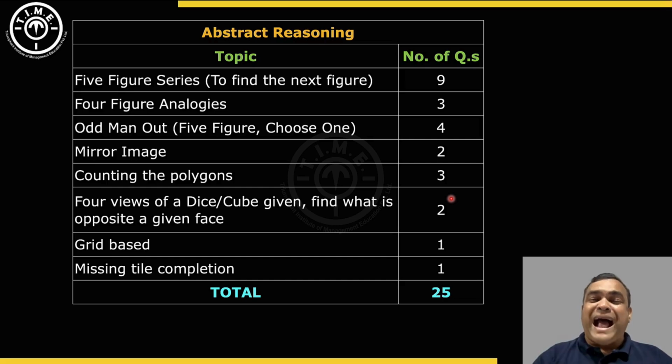But there were no questions of counting the number of triangles; it was all counting the number of squares, number of rectangles, or something like that. So in this case, if you have used the concepts of permutations and combinations, those who know how to count the number of squares and rectangles, you could have answered these questions easily rather than manual counting.